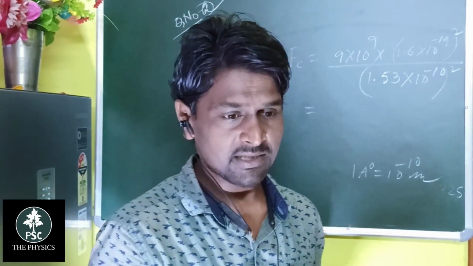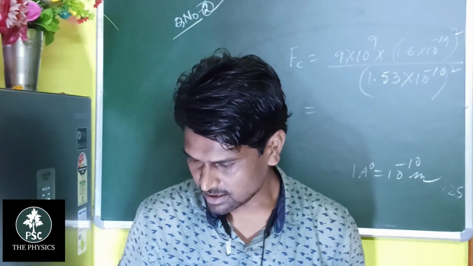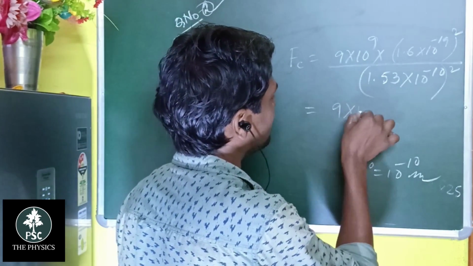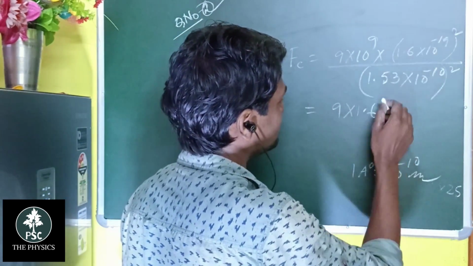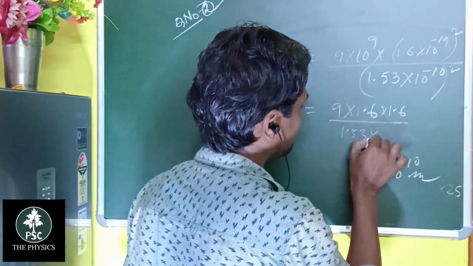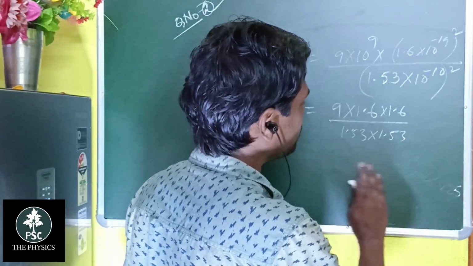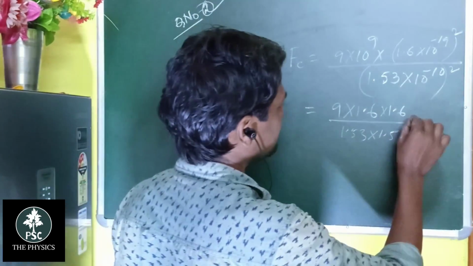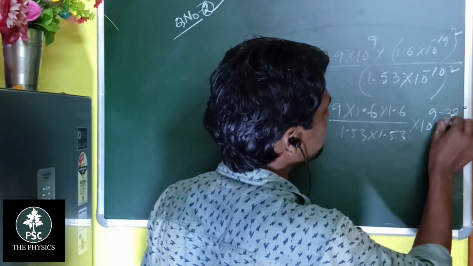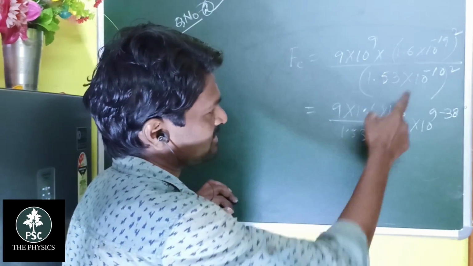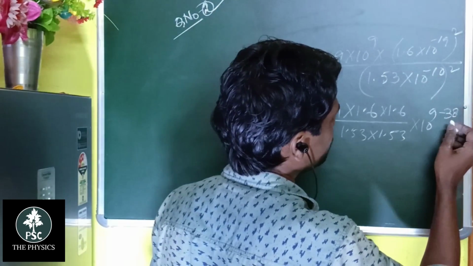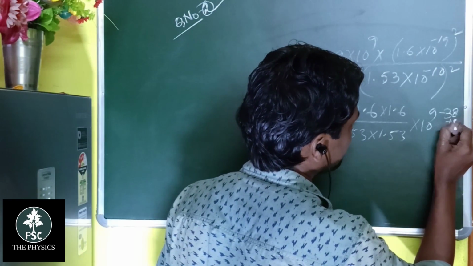So this is the value of centripetal force, and you have to calculate that numerical. You have to multiply 9 into 1.6, and this is a square, so you have to write 1.6 again, divided by 1.53 and 1.53. So it is a big calculation. And then the power is 10 to the power 9 here, and here is minus 38, this is minus 19 squared, and here it is minus 10, so minus 20, and when it comes from the denominator into the numerator portion, this is plus 20.